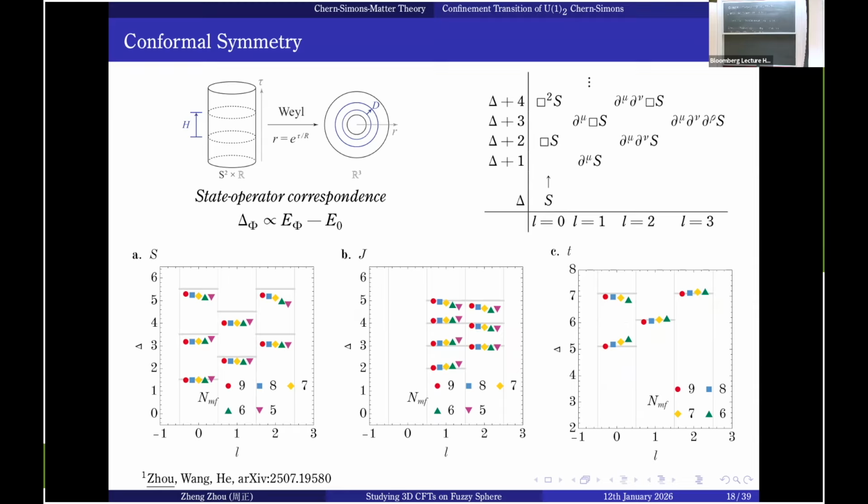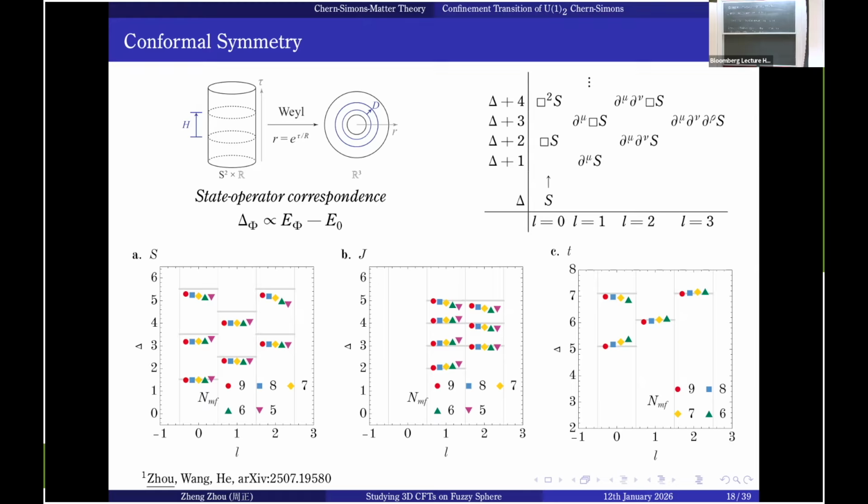By acting partial derivatives on the primary, we get its descendants, and the descendants are at integer spacing with the primary. For example, partial mu s has scaling dimension delta plus 1, and partial squared s has scaling dimension delta plus 2, etc. And we can find that all the lowest lying states can be classified into such conformal multiplets.